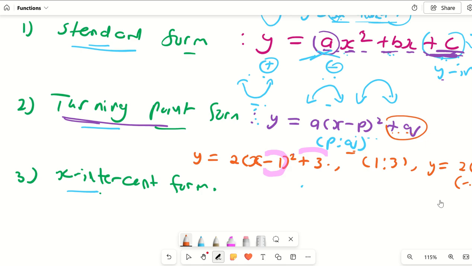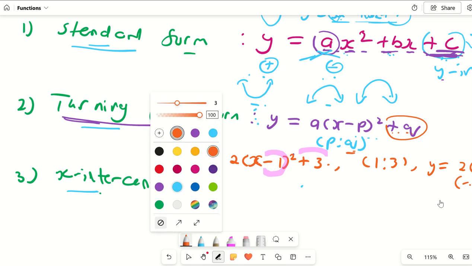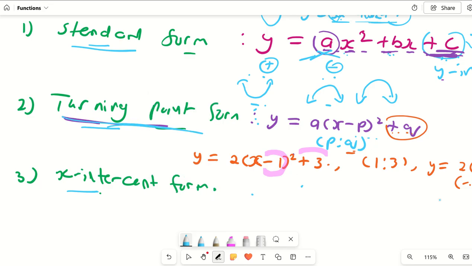The second bit of information that you could deduce from the turning point form is this. Same as that day, your a gives you the shape. So if a is positive, your graph smiles. If a is negative, your graph will frown. Are we all good?